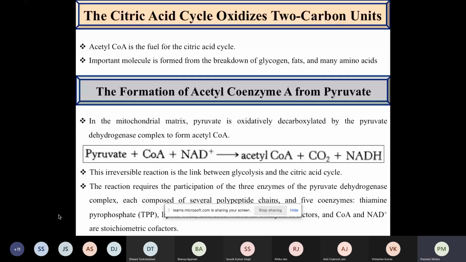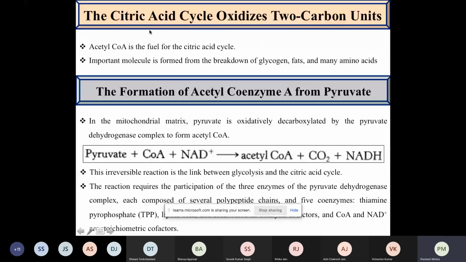Okay, so what I'm trying to do is that I will quickly discuss the citric acid cycle, and we will be focusing on how the flux of the carbon moves from one pathway to another pathway. So I think this will be very easy for you because you have already understood this. So I'll go very quickly about the citric acid cycle because it's a very important component of the metabolism.